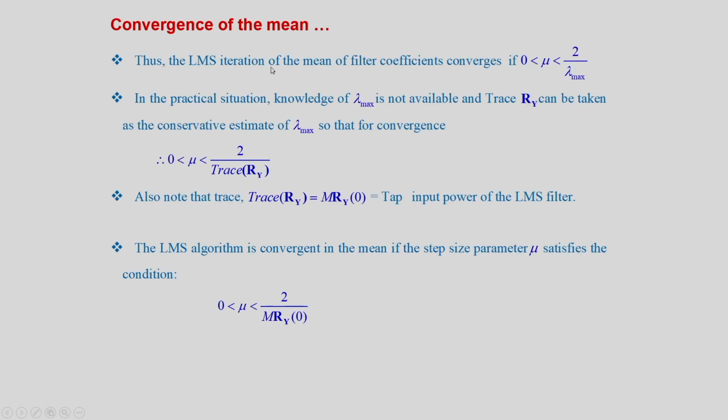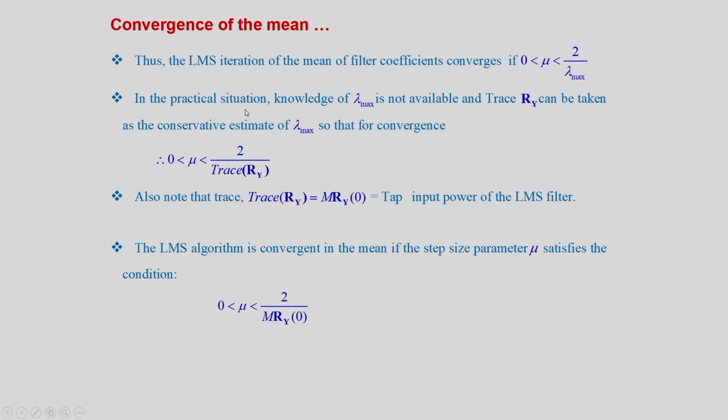Thus, the LMS iteration of the mean of the filter coefficients converges if mu lies between 0 and 2 by lambda max. So, if we consider the mean of the filter coefficient, then the iterations will converge as long as mu is between 0 and 2 by lambda max.